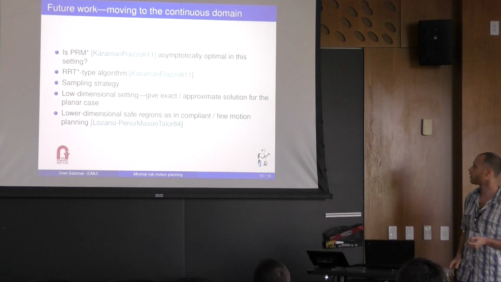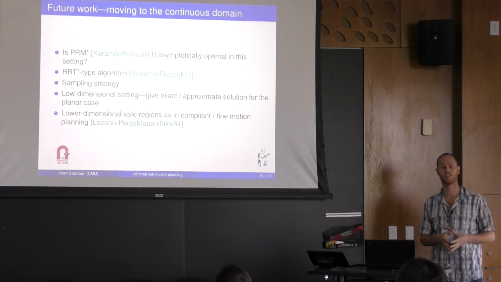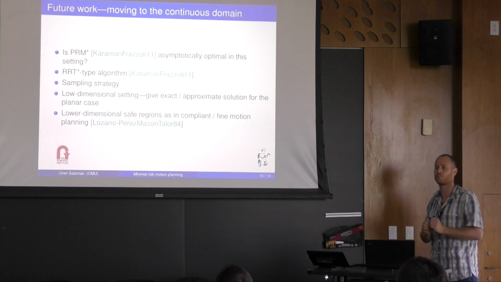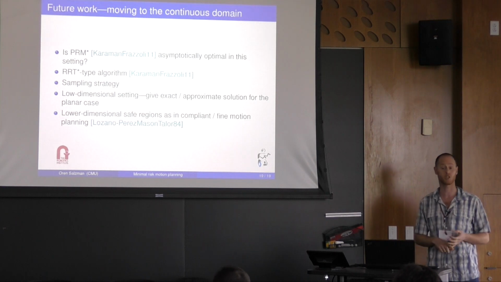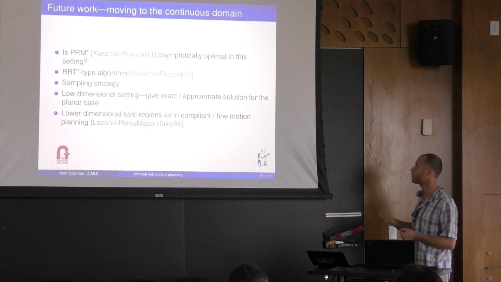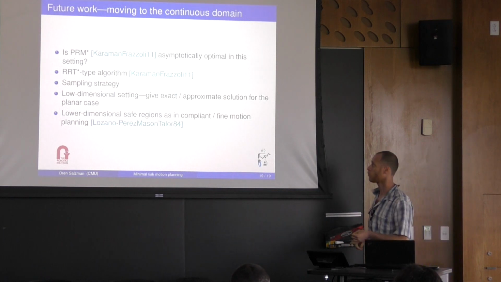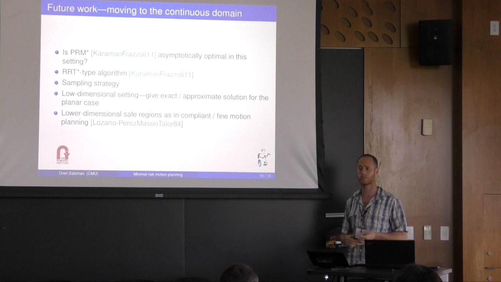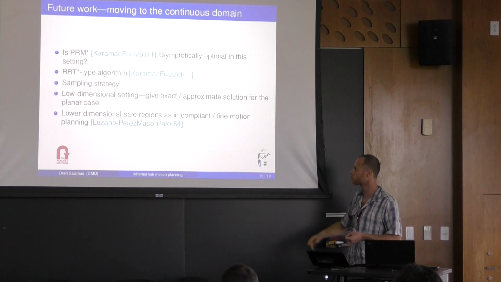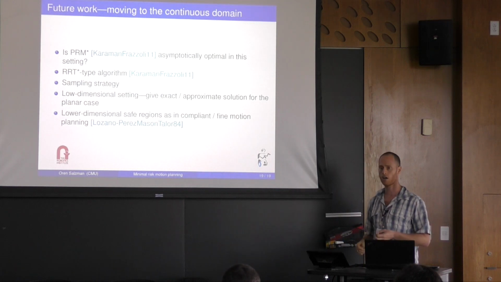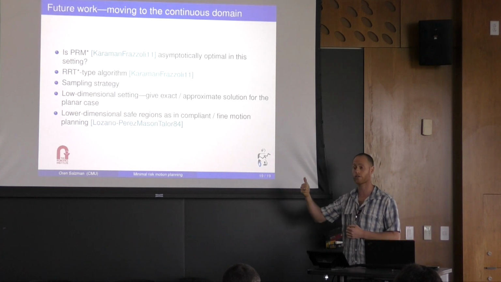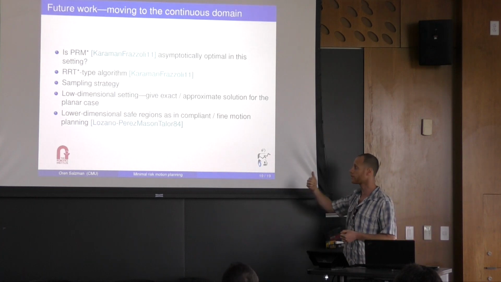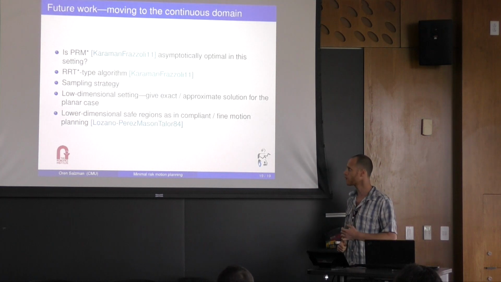Future work. So we started this work with a continuous domain. We had to shift it to the discrete domain in order to find algorithms that were tractable. So now we want to come back to the continuous domain. We want to see if we can apply standard sampling-based algorithms to this domain, so PRM star and RRT star. There's an interesting theoretic aspect of whether these algorithms are still optimal under this specific cost function.